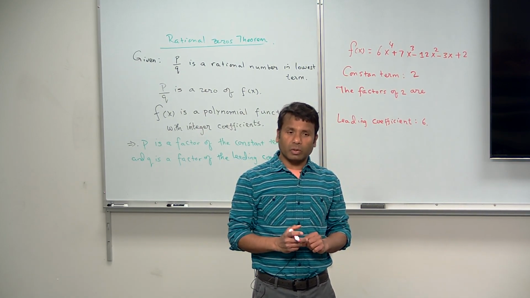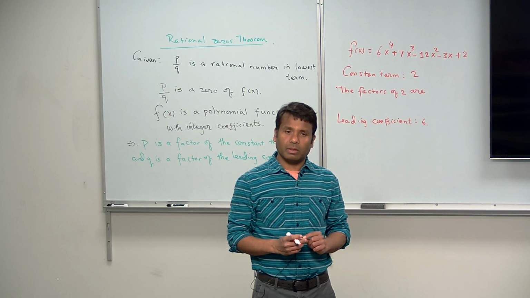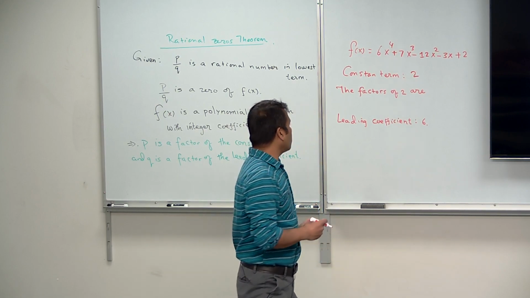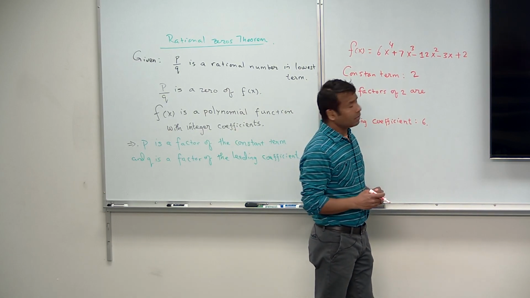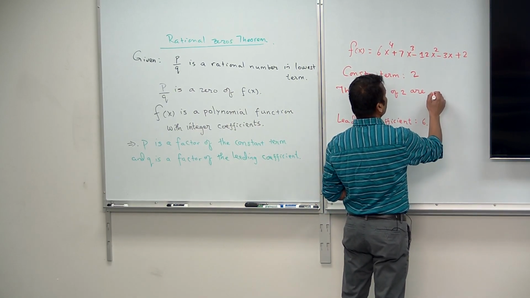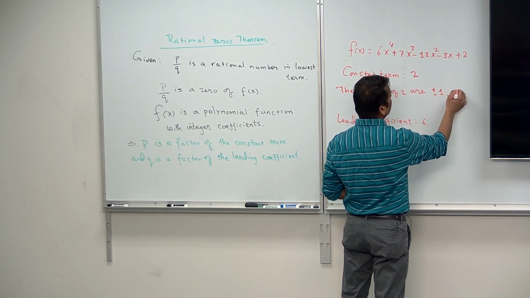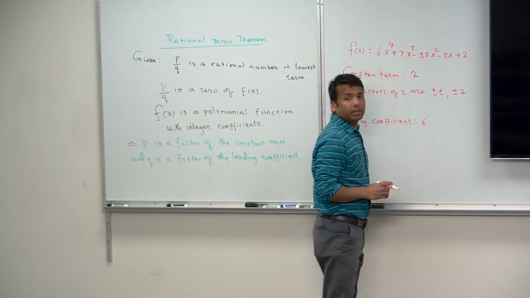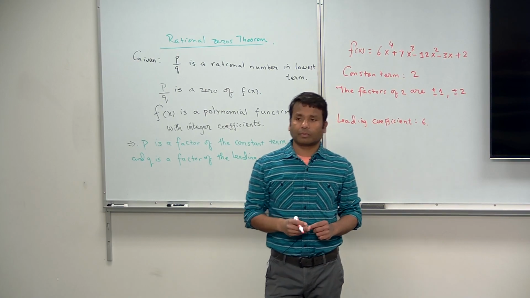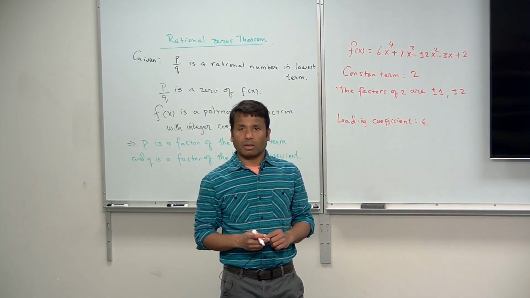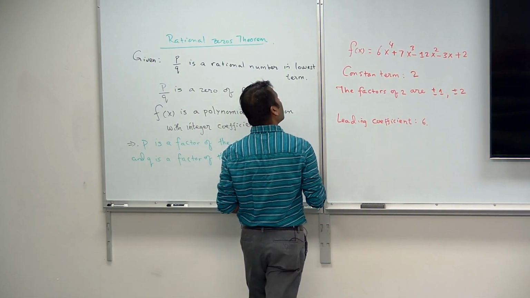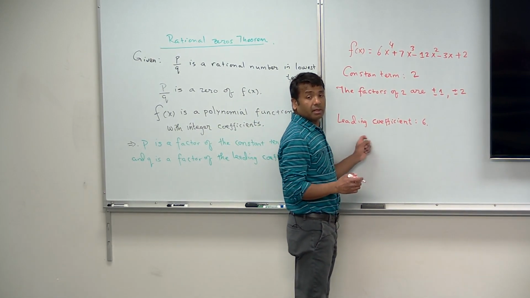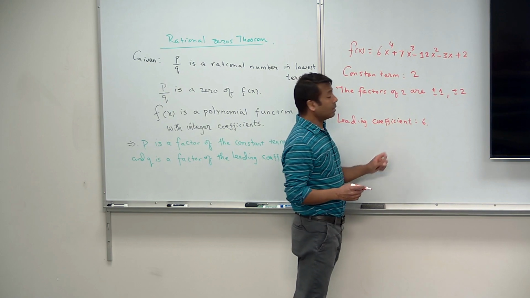And 2 is also a factor of 2, right? And then you have to take both positive and negative. So the factors of 2 are plus or minus 1, plus or minus 2. Make sense?